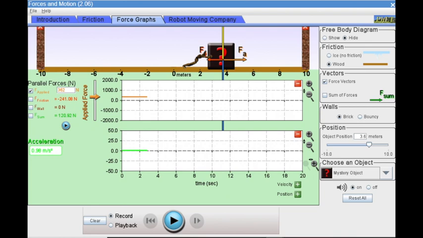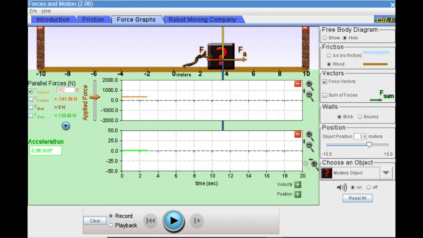And with this information, we can also get mu s and mu k. So in order to get mu s, we have to divide the Fs max, 362 newtons, by the force of gravity, or normal force, and that gives us a result of 0.09 mu s.